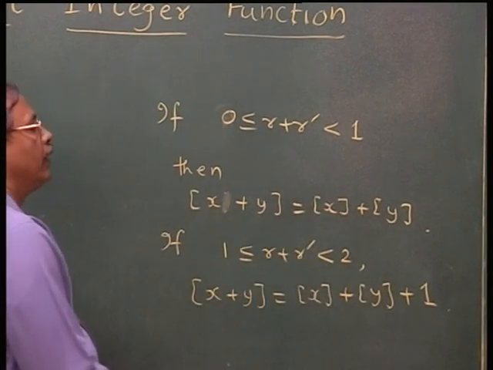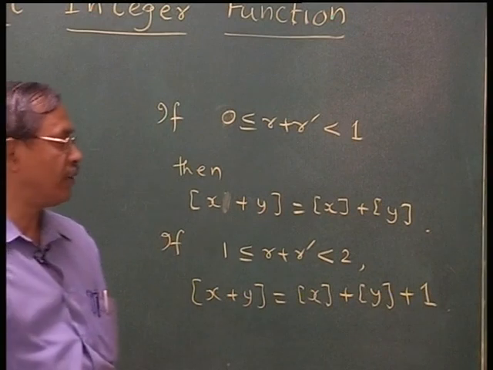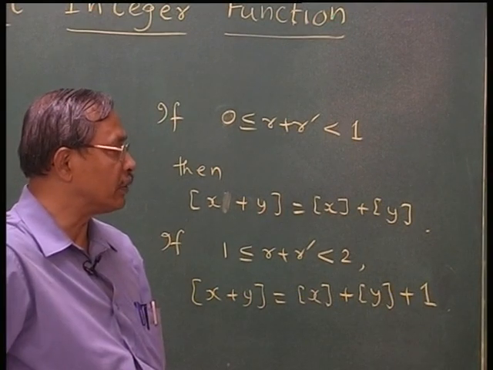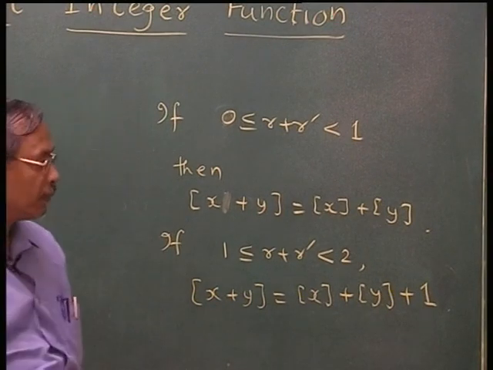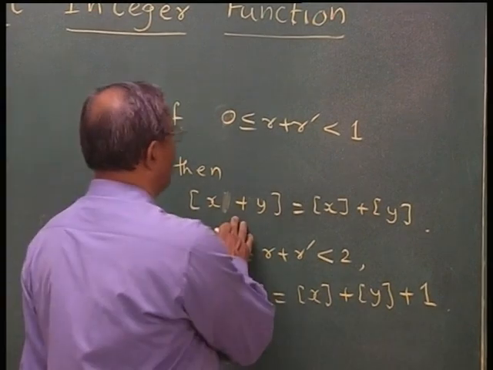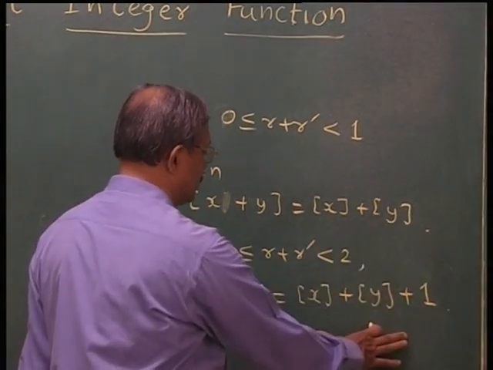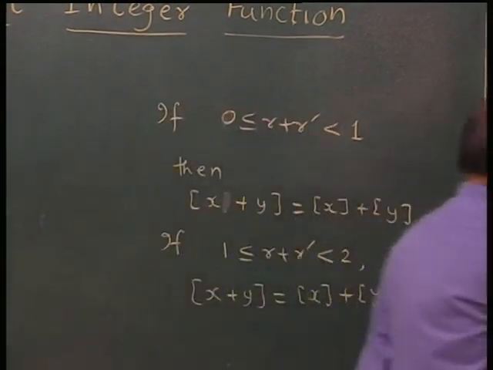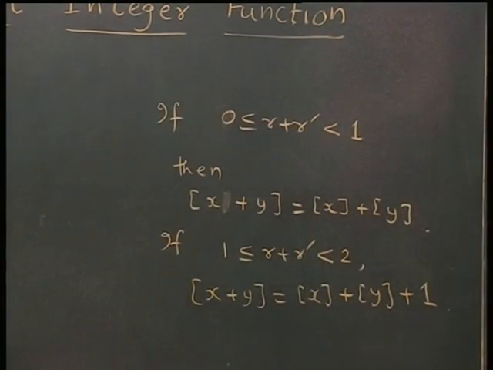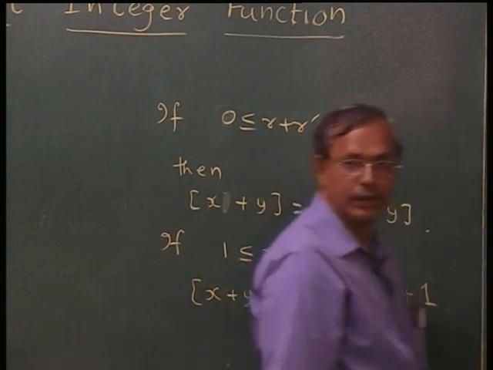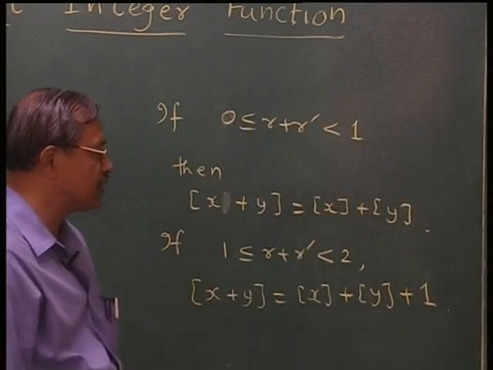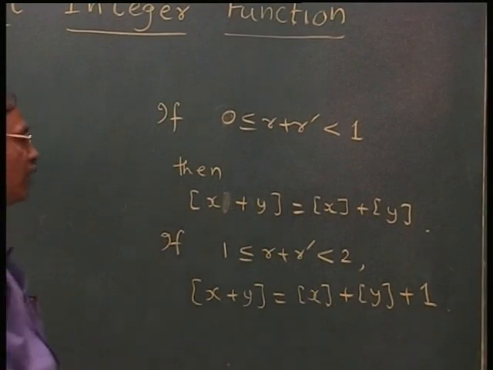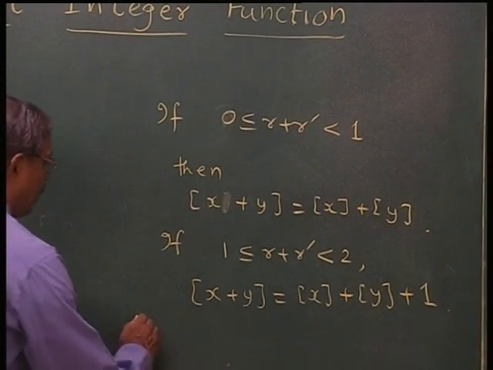So we can say integral part of x plus integral part of y is less than or equal to integral part of x plus y. Similarly, whether the value of this is this or this, both these are less than or equal to this quantity, integral part of x plus integral part of y plus 1. So in any of these cases, these required inequalities are satisfied.